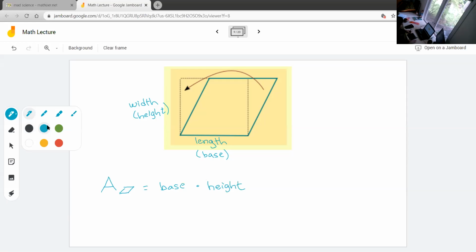That means I am taking this number, whatever it's measured to be, and this number, because what I care about is the original rectangle before I moved that piece. The edges in red are a trap.